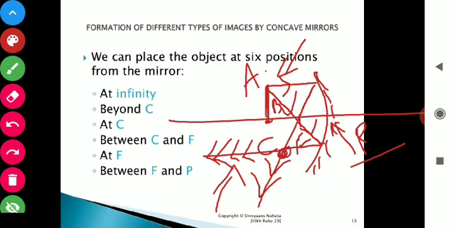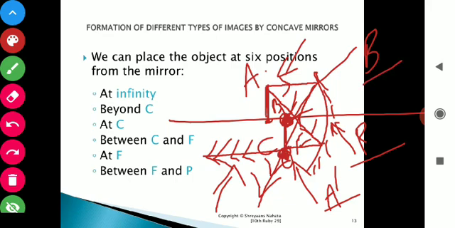Now here students, where both the reflected rays meet, this point is our A dash point, and if we join this A dash with the principal axis, then this point will be our B dash point.